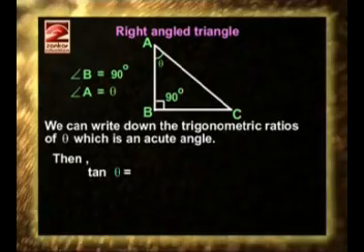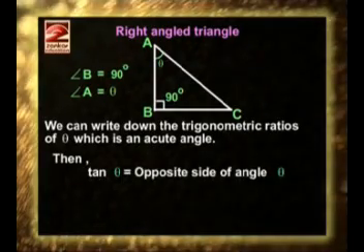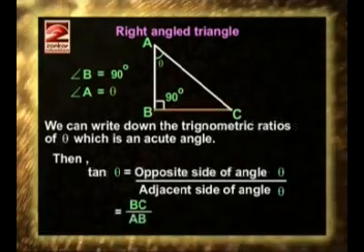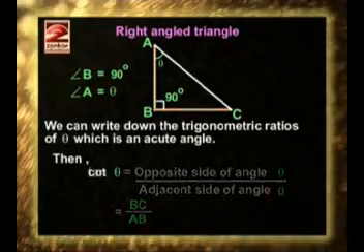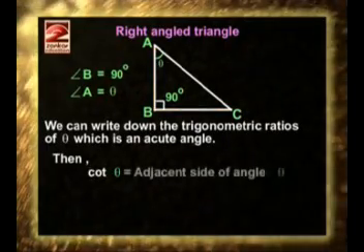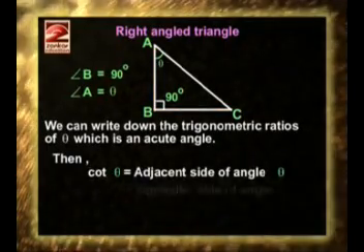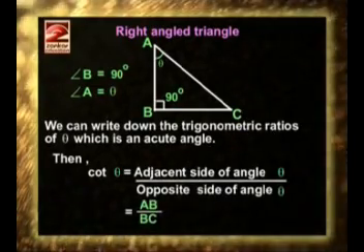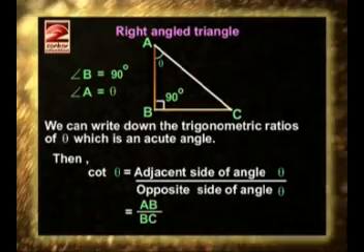Then tan theta is equal to opposite side of angle theta upon adjacent side of angle theta, that is equal to BC upon AB. Now cot theta means the adjacent side of angle theta upon opposite side of angle theta, that is equal to AB upon BC.